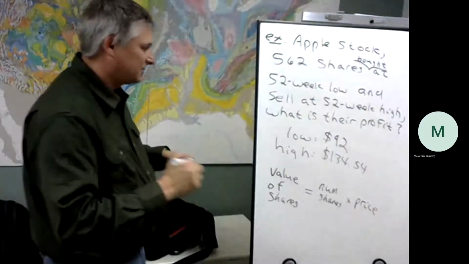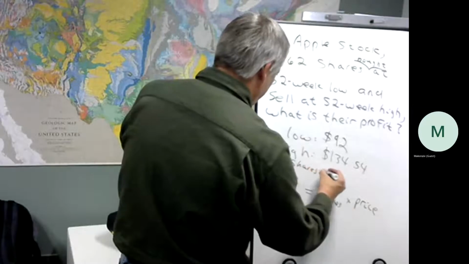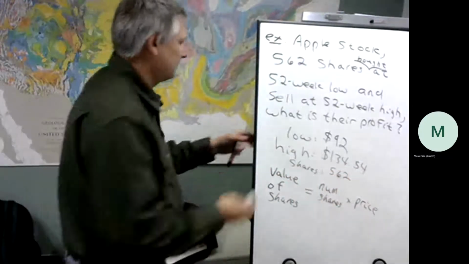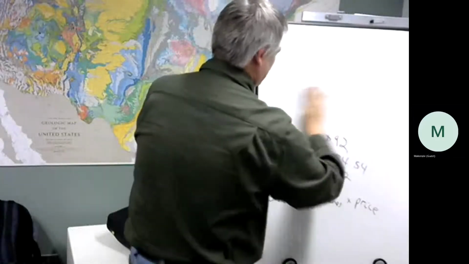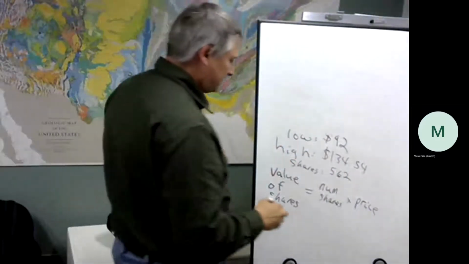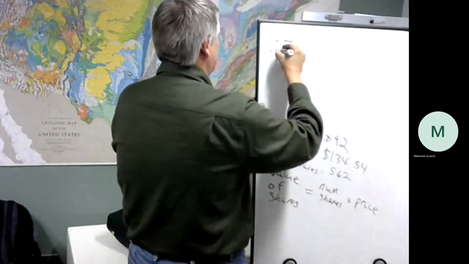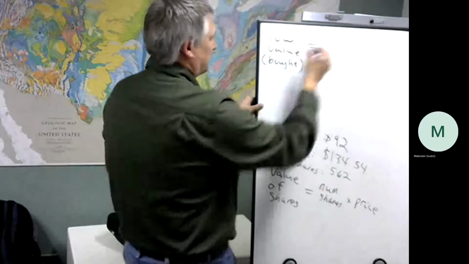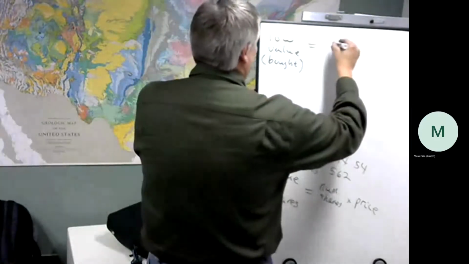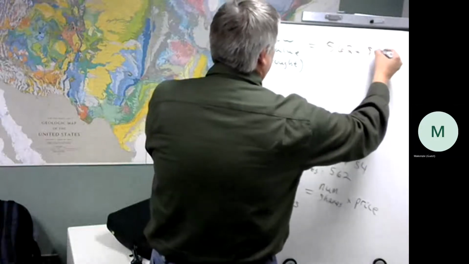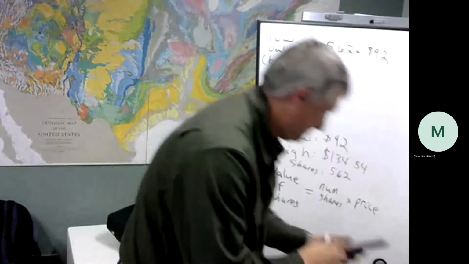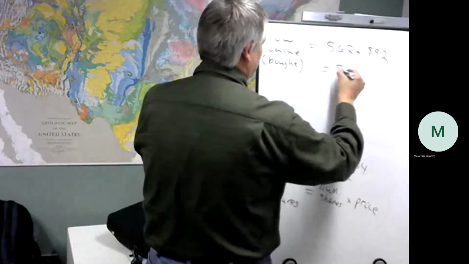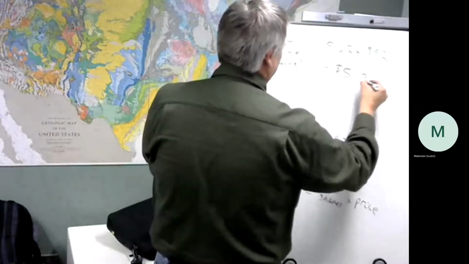So 562 shares for the low value, which is what they bought at. That's 562 times $92, for $51,704.